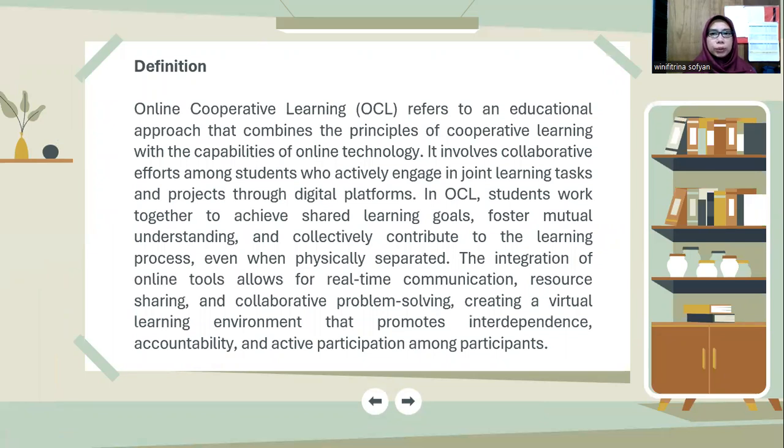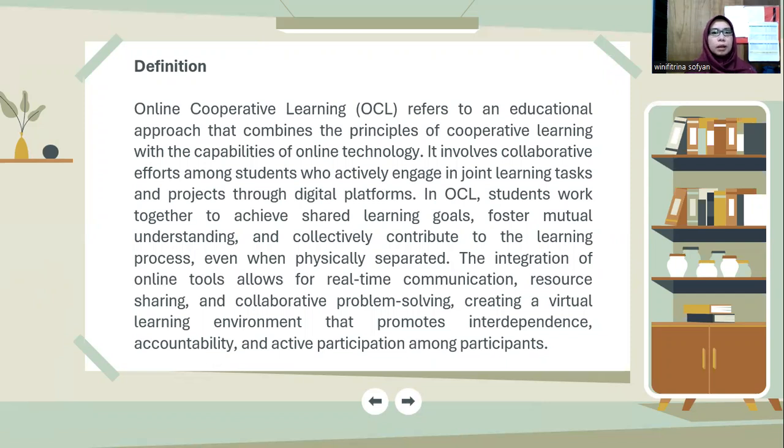OCL refers to an educational approach that combines the principle of cooperative learning with the capabilities of online technology. It involves collaborative efforts among students who actively engage in joint learning tasks and projects through digital platforms. In OCL, students work together to achieve shared learning goals, foster mutual understanding, and collectively contribute to the learning process.